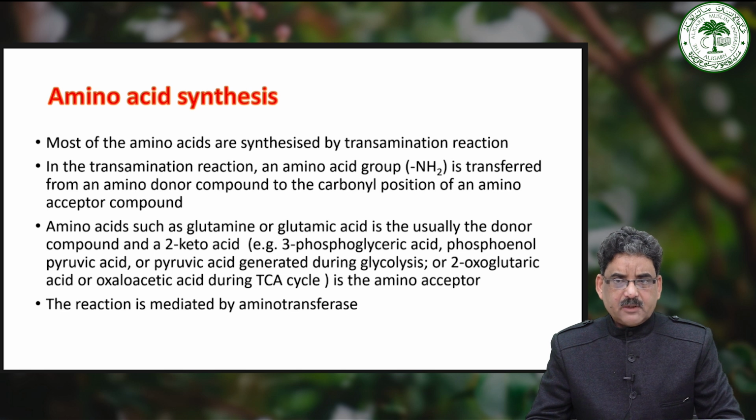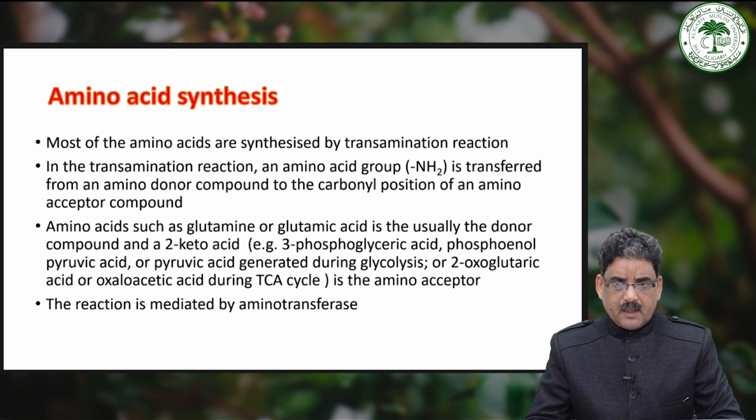The majority of amino acids are produced through transamination reactions. In transamination, the amino group or NH2 is transferred from an amino donor compound to the carbonyl position of an amino acceptor compound.